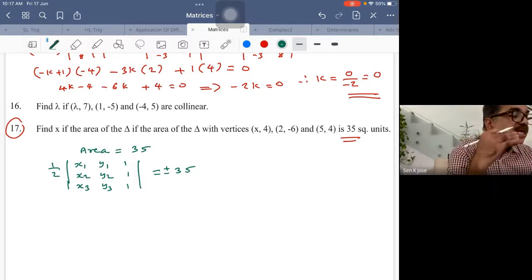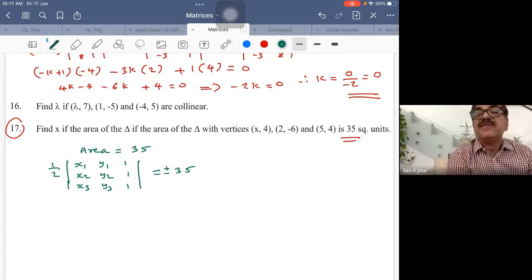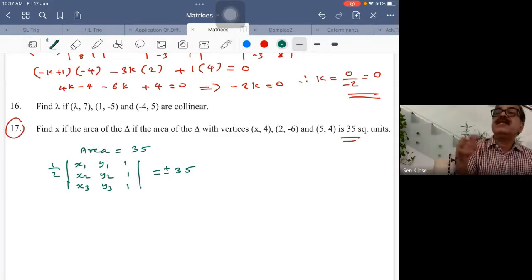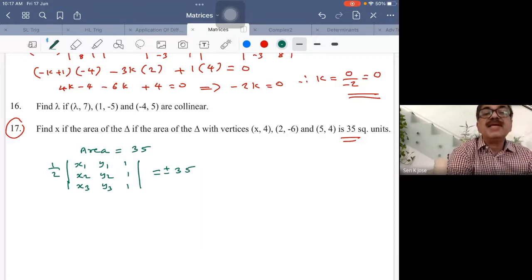So when I use the determinant to find the area of the triangle, it could also give me negative 35 as my answer. But I will say area is 35. So that's how they told us that the area is 35. It doesn't mean that the determinant gave them 35 as the answer. The determinant could have given them negative 35. Still, they will say area of the triangle is 35. So I should know that when I equate the determinant with the given answer, it's not just 35. It could be plus or minus 35.